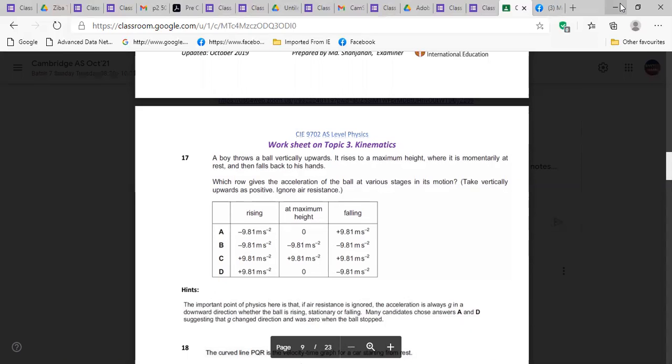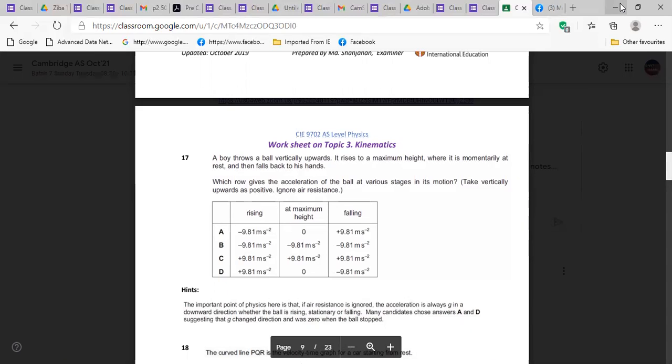We have one thing here, acceleration due to gravity, and acceleration due to gravity is constant. That means in every position, everywhere, the acceleration due to gravity is the same, right?